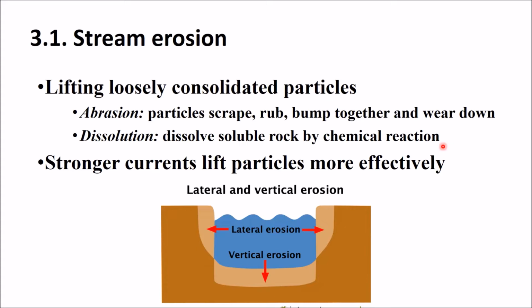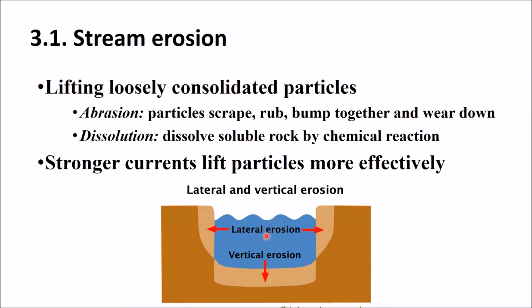And stronger currents lift particles more effectively. It's nature, that's a rule. The stronger the flow, the easier it is to lift the particles up. And we have two types of erosion. When the erosion occurs in the horizontal direction, we have lateral erosion.